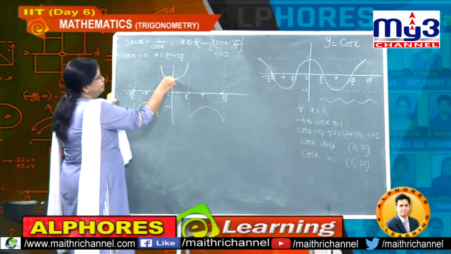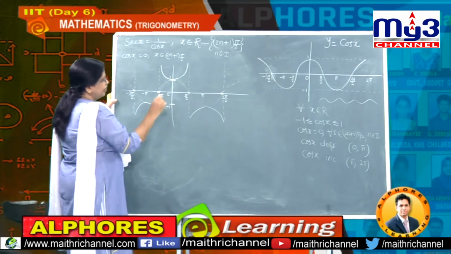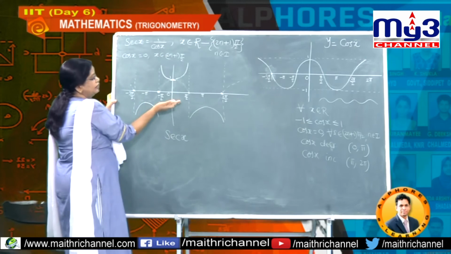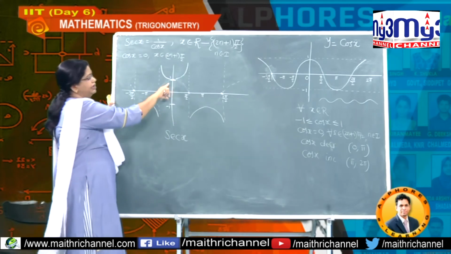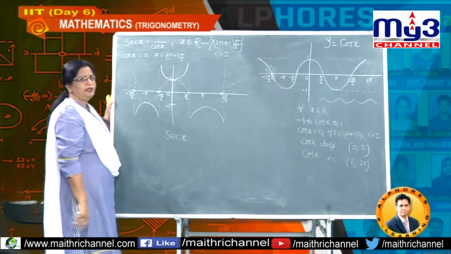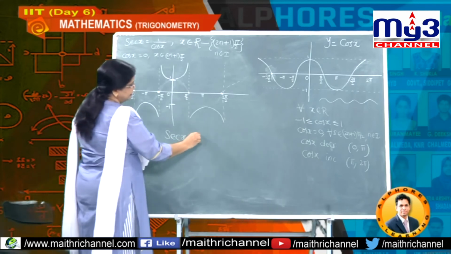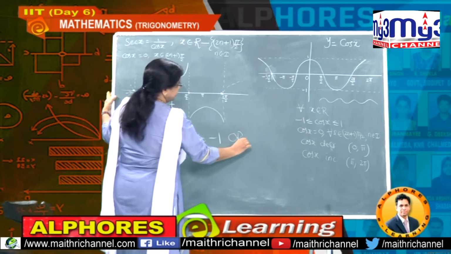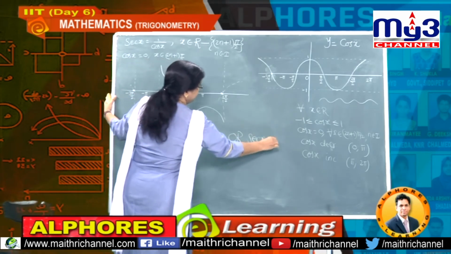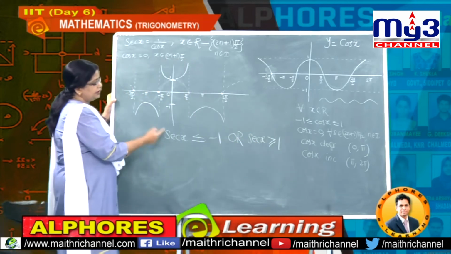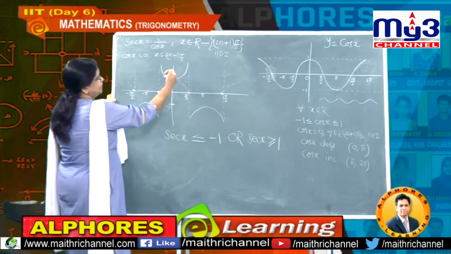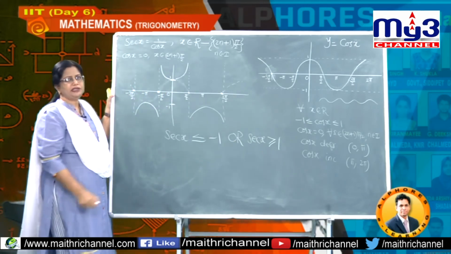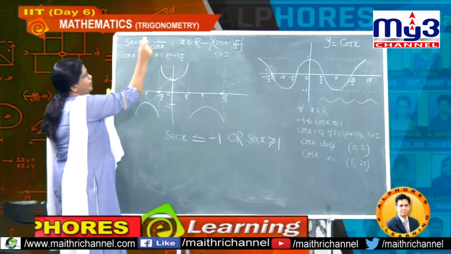And here how is the secant function taking values? Secant function, you observe, is above +1 and below -1, but it is not taking any value between -1 and +1. So secant x is less than or equal to -1, or secant x is greater than or equal to +1, understand? Exactly -1 means if I put x as pi, cos pi is -1.